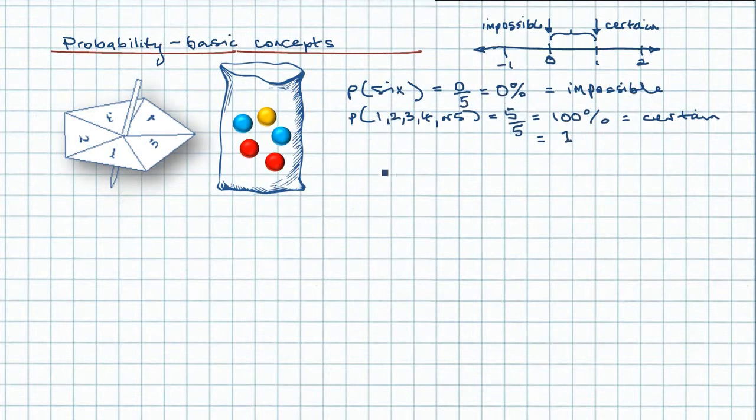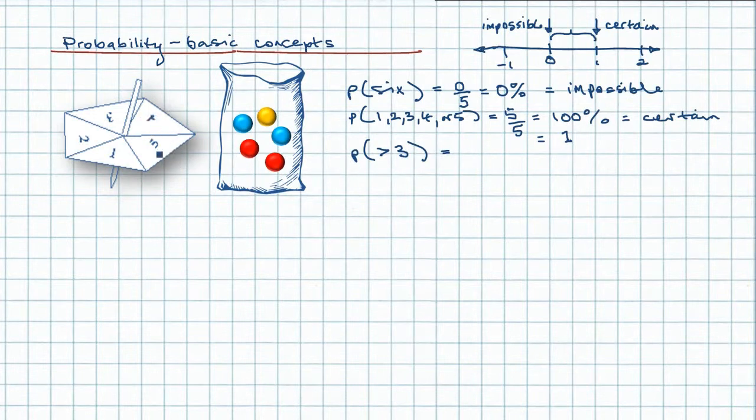So let's try a fraction this time. What if we said the probability of our spinner landing on a number greater than 3? Well, that's going to be the probability of it landing on 4 or 5.